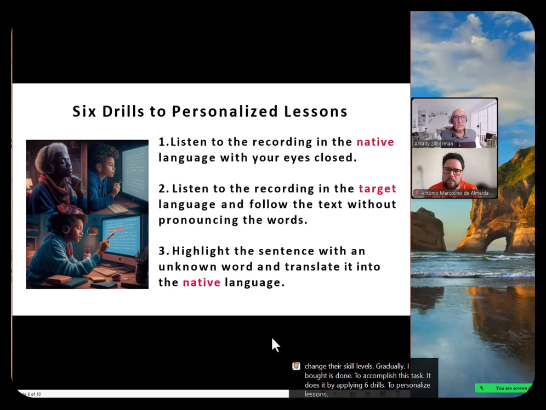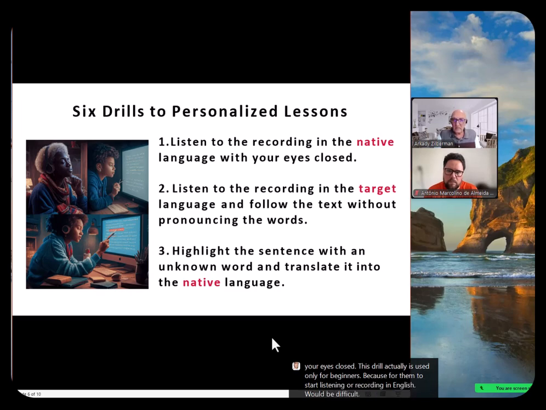Drill 1. Listen to the recording in the native language with your eyes closed. This drill actually is used only for beginners, because for them to start listening or recording, do anything in English would be difficult.